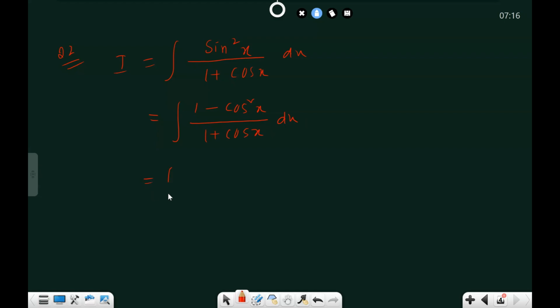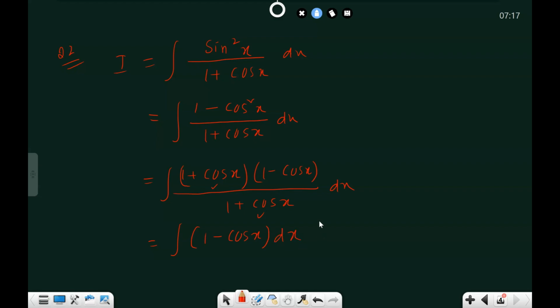You see the numerator is of the form a square minus b square. So I can write it as 1 plus cos x, whole into 1 minus cos x, divided by 1 plus cos x in the denominator, then dx. Now 1 plus cos x is cancelled, this factor will cancel, and so you have only the integration of 1 minus cos x dx.